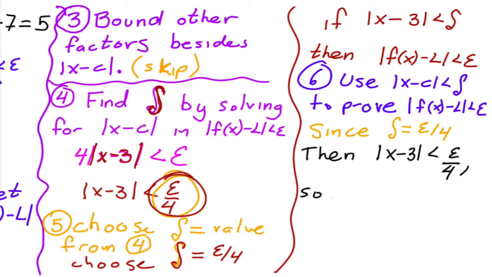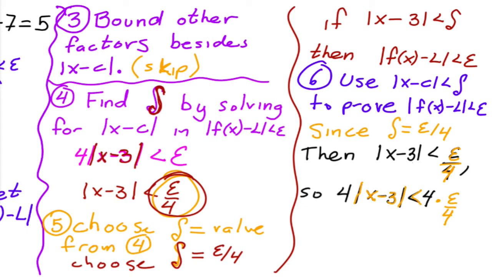So what that means is that 4 times |x − 3|, which is |f(x) − L|, is less than 4 times epsilon over 4. Essentially what you're doing is substituting this in for this, but with the less than condition.